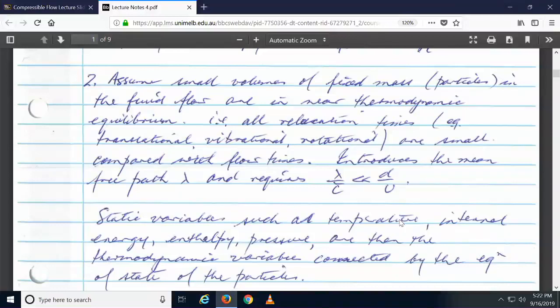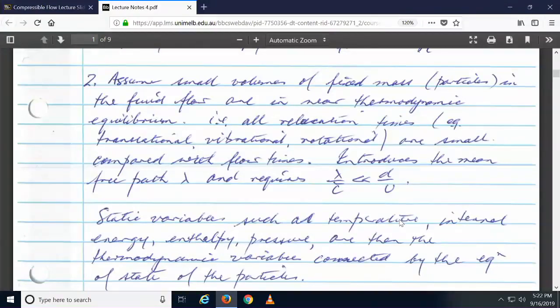And what's a flow time? It's some characteristic distance of the fluid that the fluid flows through, divided by the velocity of the fluid. So if a body has dimensions d, lowercase d, then the flow time is of the order of d over u.